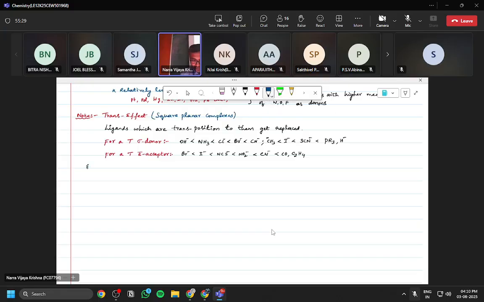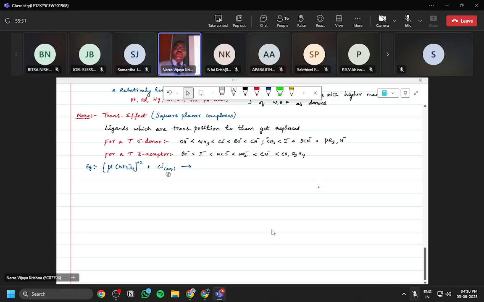Example. If you are taking [Pt(NH3)4]2+ complex, allowed to react with Cl minus. Now what happens, sir? All 4 are ammonia molecules. Now I am adding Cl minus.